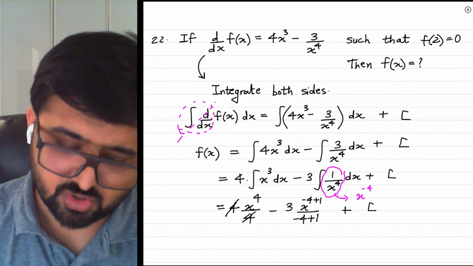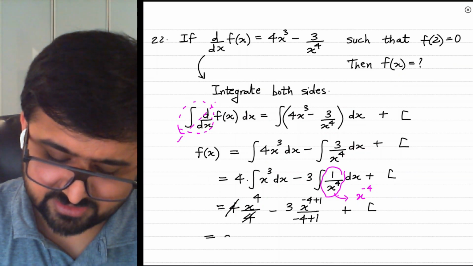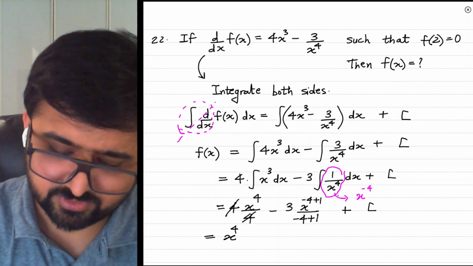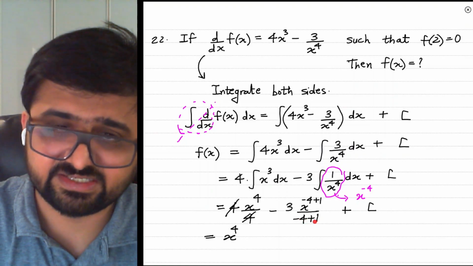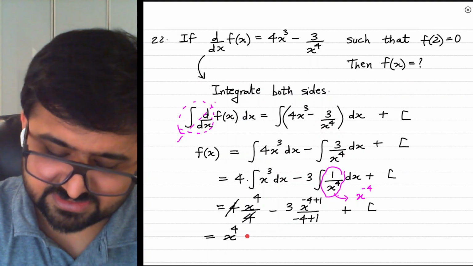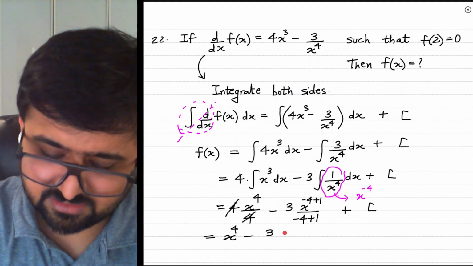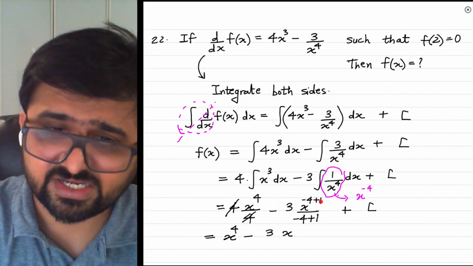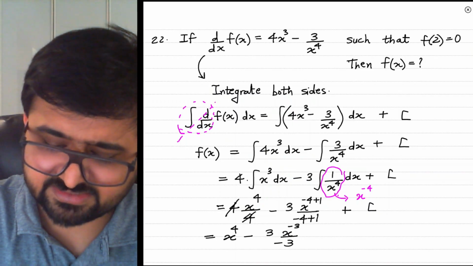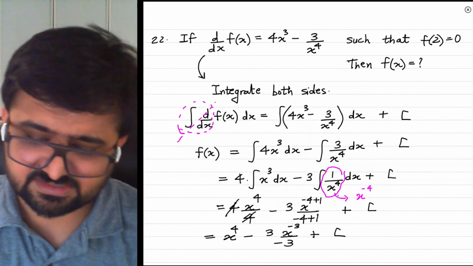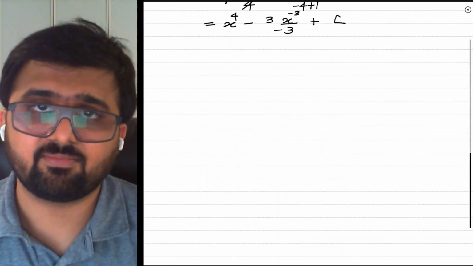Also, that can be written as x to the power 4. This minus 4 plus 1 is minus 3, so that's minus 3 x to the power, minus 4 plus 1 is minus 3, over minus 3 plus constant of integration c.